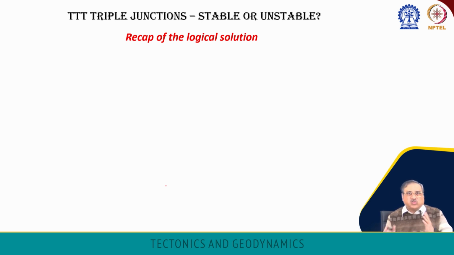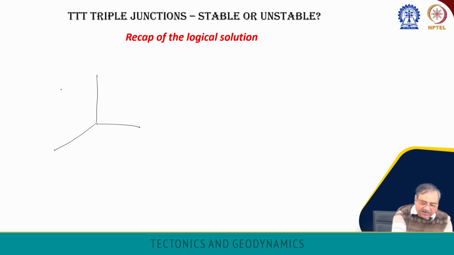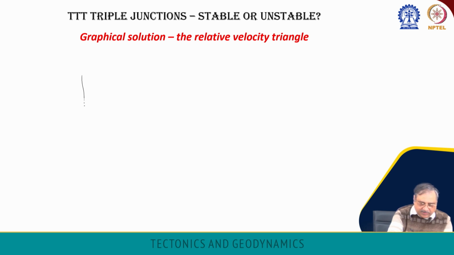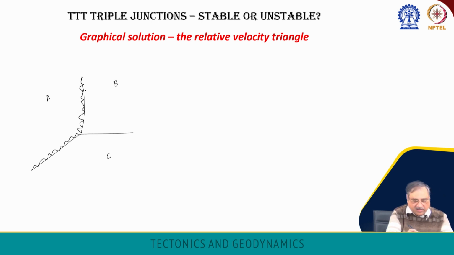If you remember, the type of triple junction we started off with was a very specific configuration of three types of boundaries, in which we had a plate A, a plate B, and a plate C. Plate A was overriding both plate B as well as plate C, so the apices of these triangles are pointing towards plate A, which means plate A is the overriding plate.